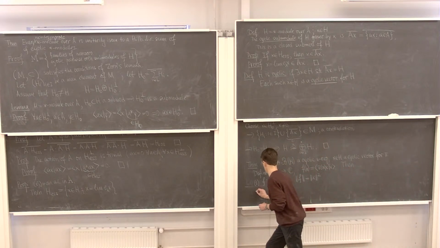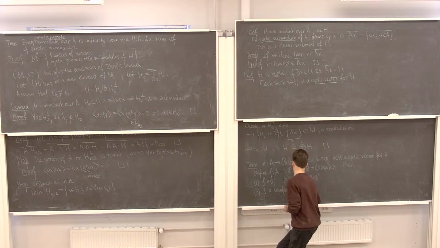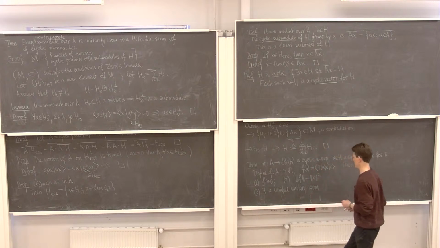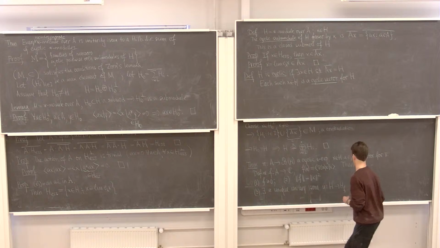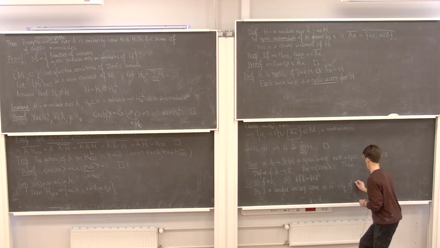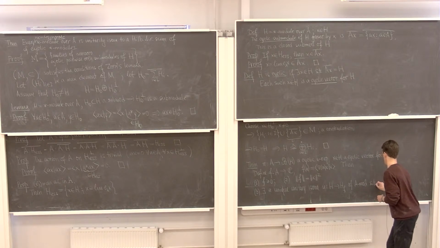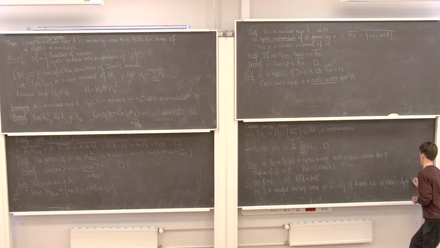And finally, part 3, there is a unique unitary isomorphism, let's denote it by U, from H to H_f, unitary isomorphism of A modules, such that it takes pi of a x to lambda_f of a for every a.